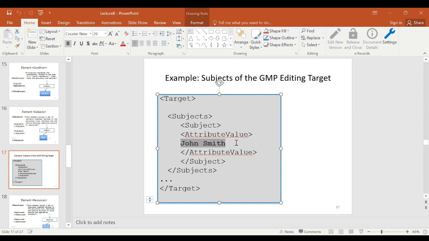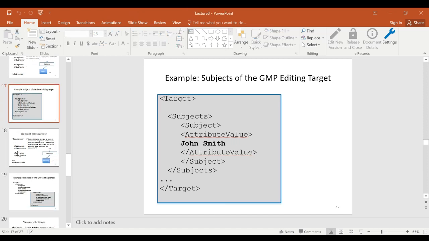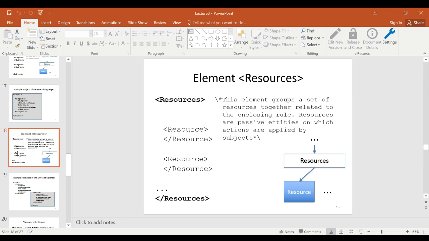Okay, and in this case, the data, of course, is further given the type of subject, which is part of the larger type of subjects, which itself is part of the larger type of target, rule, policy, policy set, and so on. Okay. So that was subjects.